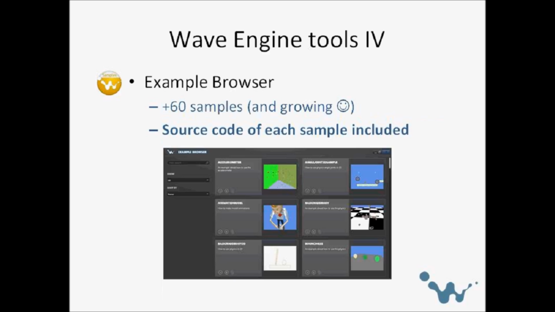For example, you can put in an arm, the head, the body, the legs, and animate them. This generates a file, and my mates have been working on being able to read that file and show the animations on Wave. So we have done a sample for such an implementation. Currently we have more than 60 samples, and it's growing each week. If we add a new functionality, we add a new sample.